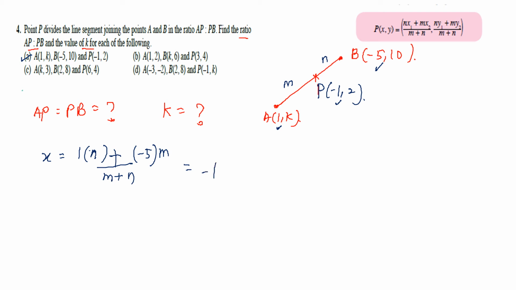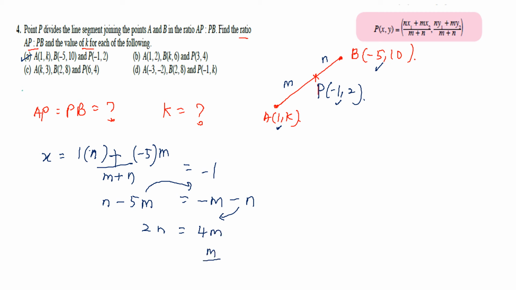Now we simplify. We get N minus 5M, then bringing M plus N over, it becomes -1 times M, -1 times N, so we get -N. Now we rearrange. I bring 5M over and -N over here, so N plus N gives 2N, and 5M minus M gives 4M.